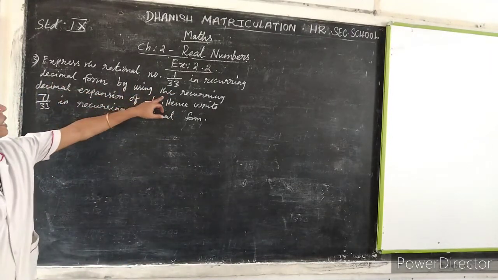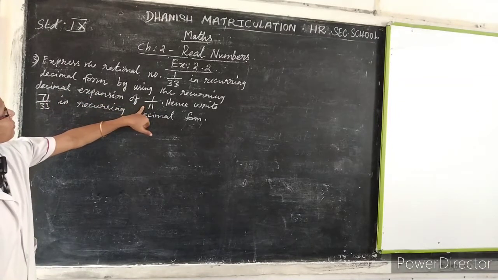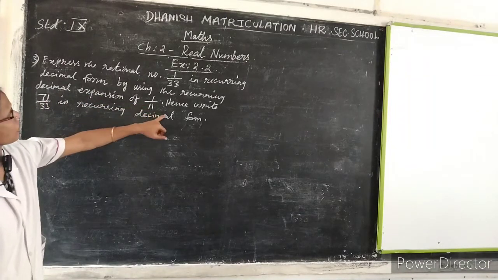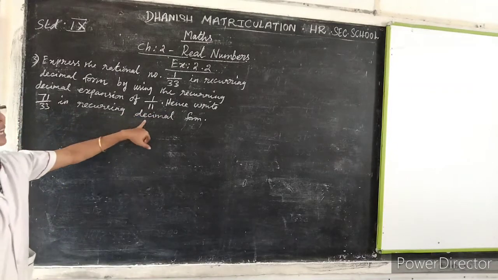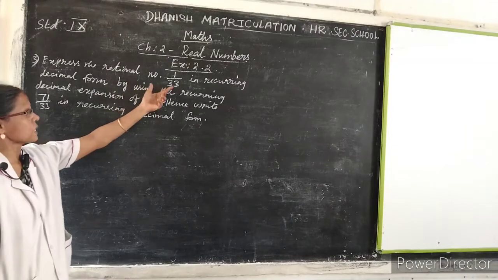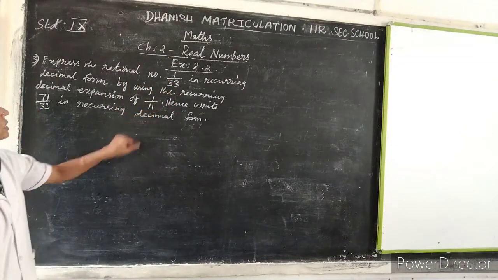By using the recurring decimal expansion of 1 by 11, hence write 71 by 33 in recurring decimal form. Find decimal form of this fraction and decimal form of this fraction.